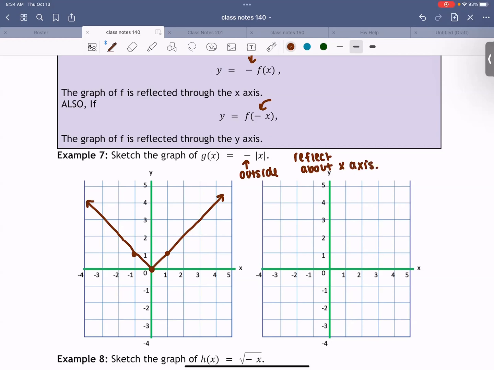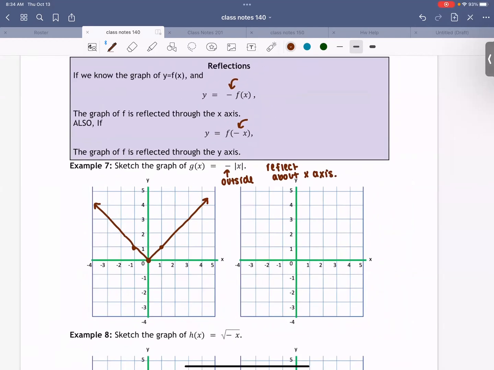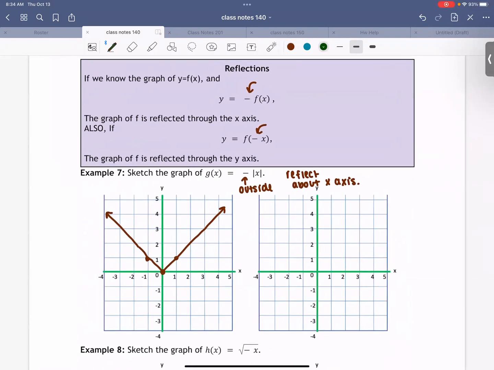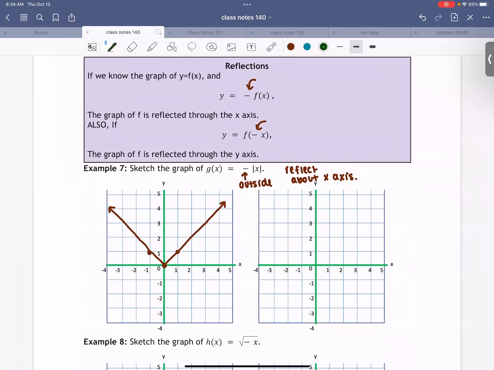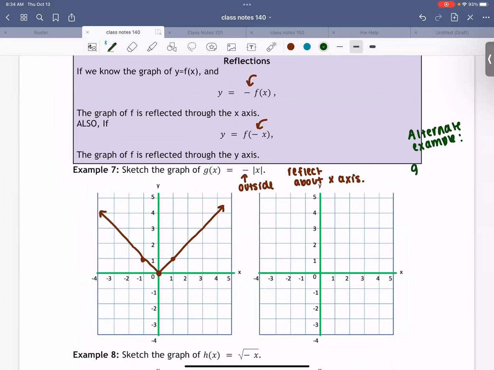Now I want to show you what this would look like if this was a different type of question. Make sure you write this on the side so you don't get confused with this example. In this alternate example, if I gave you this question here, g of x equals the absolute value of negative x, what am I reflecting about now?